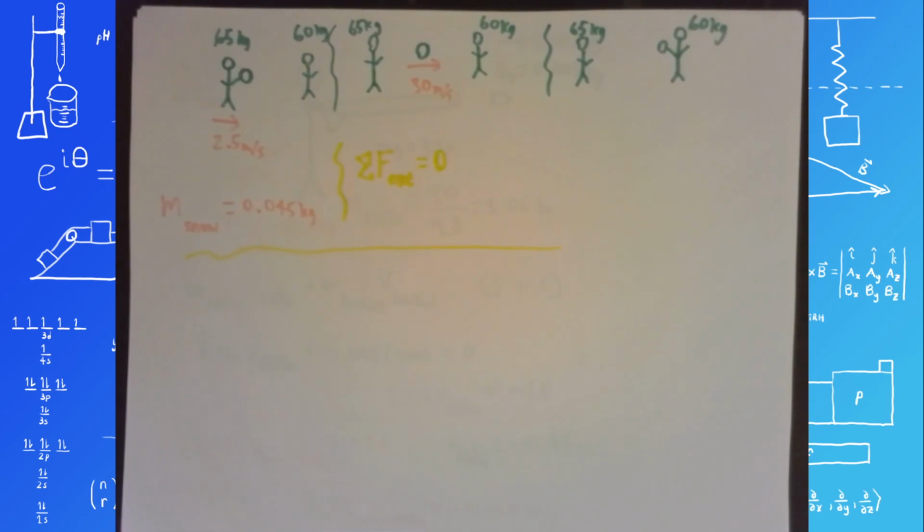There's no net external force horizontally. Vertically, gravity is going to have an effect which is probably not going to be all that significant. If the snowball gets thrown from a short enough distance that the other person can catch it before it hits the ground, then it's not going to be that big of a deal.